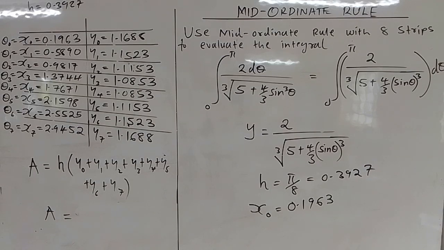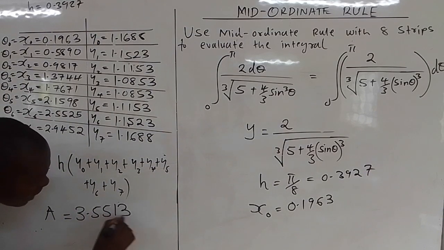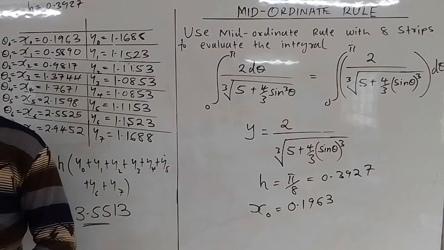Is equals to what? So we are getting the answer to be 3.5513. And that is the approximated area under this curve with the mid-ordinate rule.